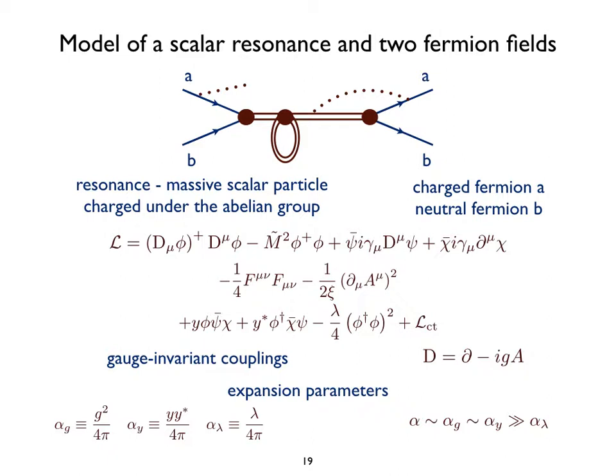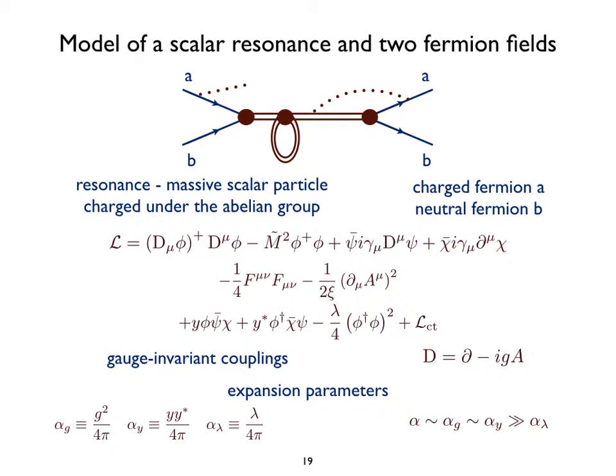The scalar and one of the fermions, which we call electron, are charged under the abelian gauge group, and the other fermion, neutrino, is neutral. The scalar can decay into the electron-neutrino pair through Yukawa type coupling. To have a gauge-invariant Yukawa coupling, the charges of the scalar resonance and electron are selected to be equal.